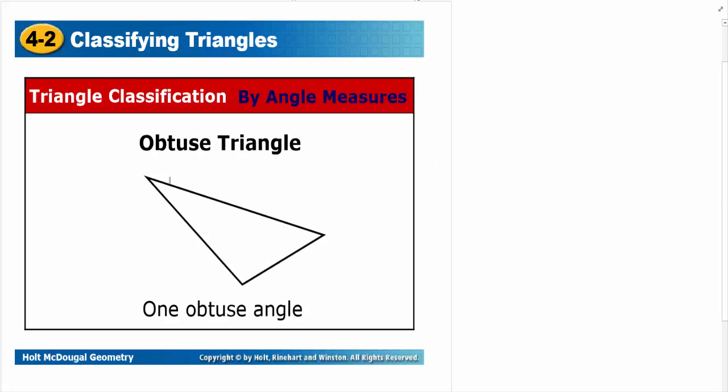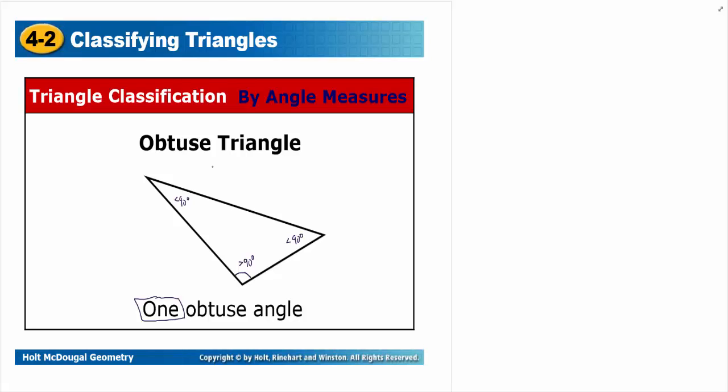And then you got your obtuse triangle. And the obtuse triangle only has 1 obtuse angle. In this case here it is, right? It has to be greater than 90 degrees. Now, by the way, these two are going to be less than 90. Same reason as for my right triangle. If you had one angle that was greater than 90 degrees, you can't have another angle that's greater than 90, because the three angles must add up to 180.